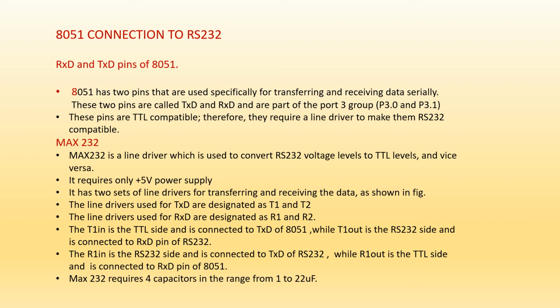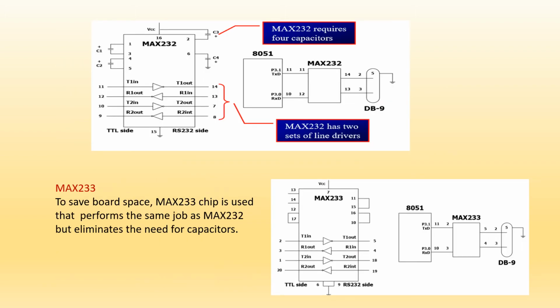The figure shows the MAX232 IC. It has two pairs of transmitters and receivers, that is, transmitters T1 and T2 and receivers R1 and R2. In the figure it shows the TTL side and the RS-232 side.